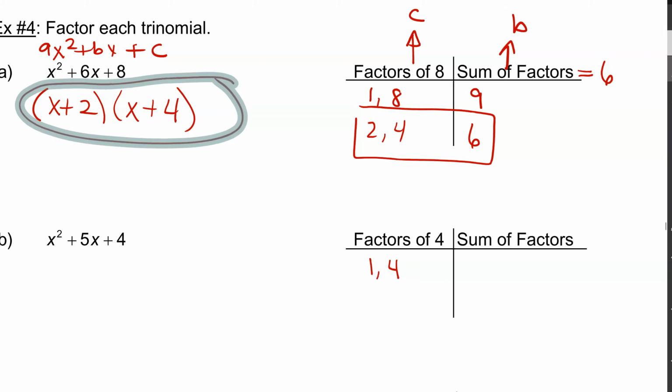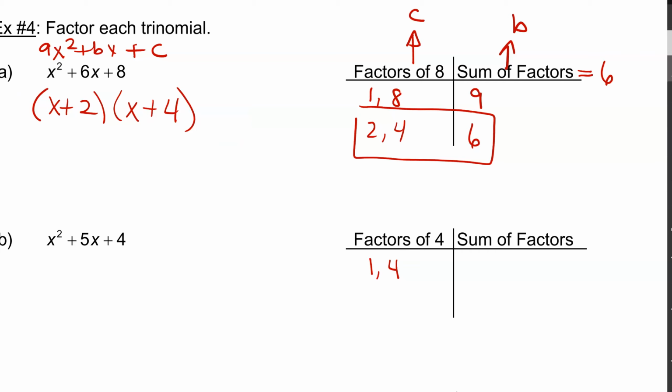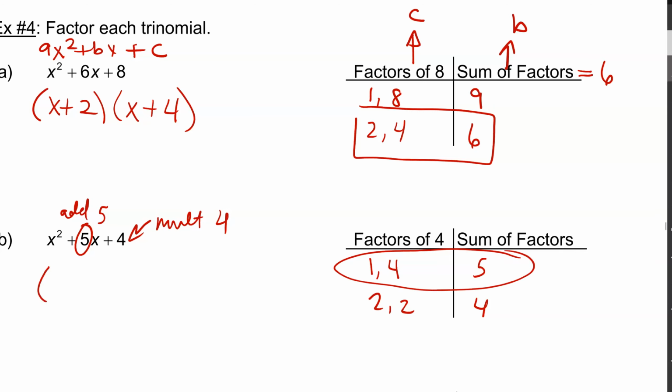What multiplies to 4? 1 and 4, and 2 and 2. Okay, let's see what they add to. We're summing to 5, right? So it adds to 5, multiplies to 4. What adds to 5? It's got to be the first one. So we have x plus 1 and x plus 4.